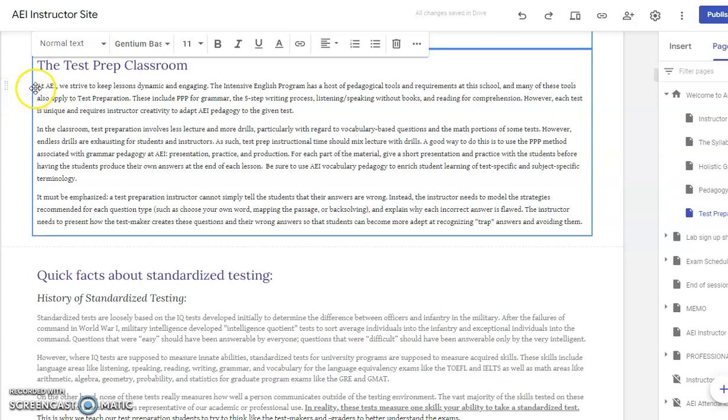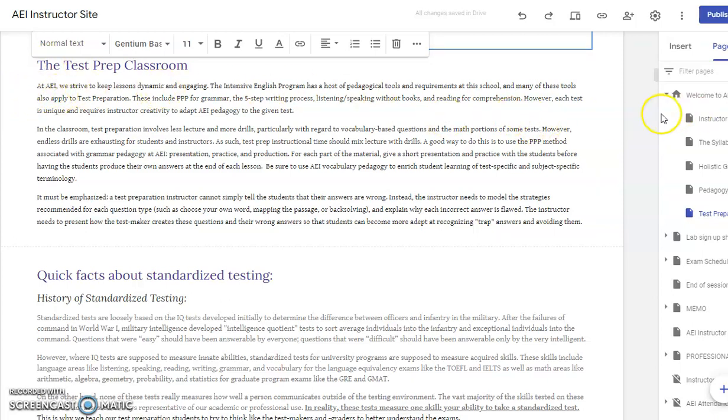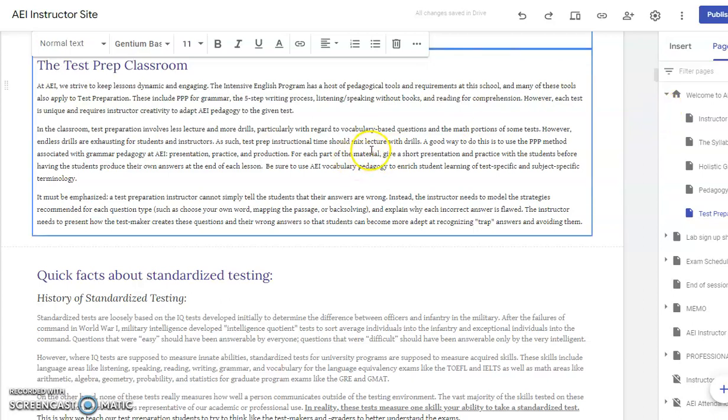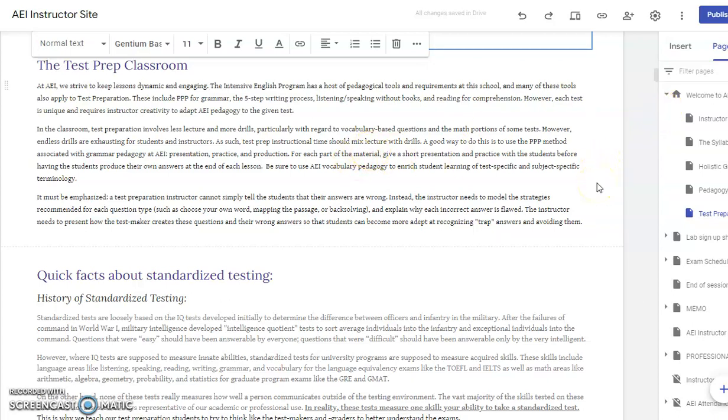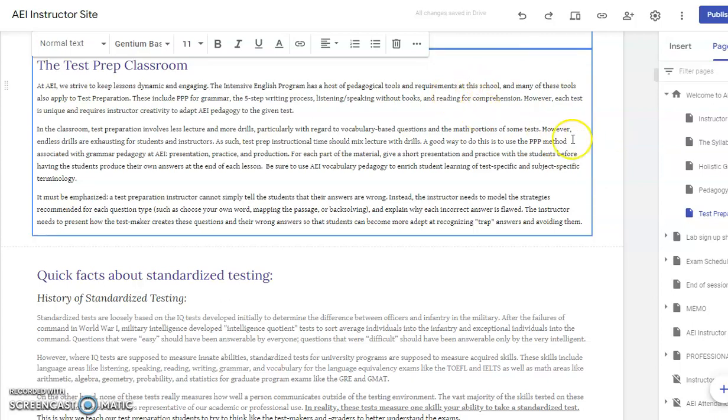So, at AEI, we strive to keep our lessons dynamic and engaging. The IEP has a host of pedagogical tools and requirements at the school, but many of these tools also apply to test preparation. So, this includes using PPP, especially for grammar, the 5-step writing process, listening and speaking without books, and reading for comprehension.